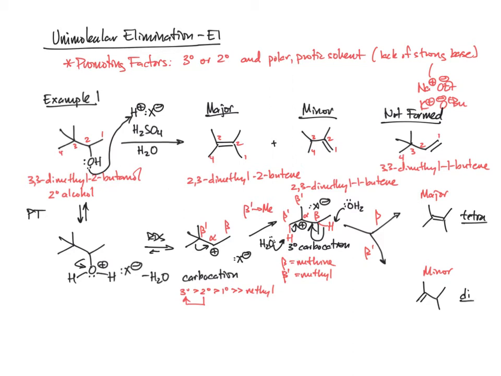So the issue that we have to understand and explain is, like I said, there's only one hydrogen at this beta carbon, which is the methine. But its elimination route is preferred because we're forming a tetra-substituted alkene. The minor product results from deprotonation of beta prime, but there's 6 hydrogens.